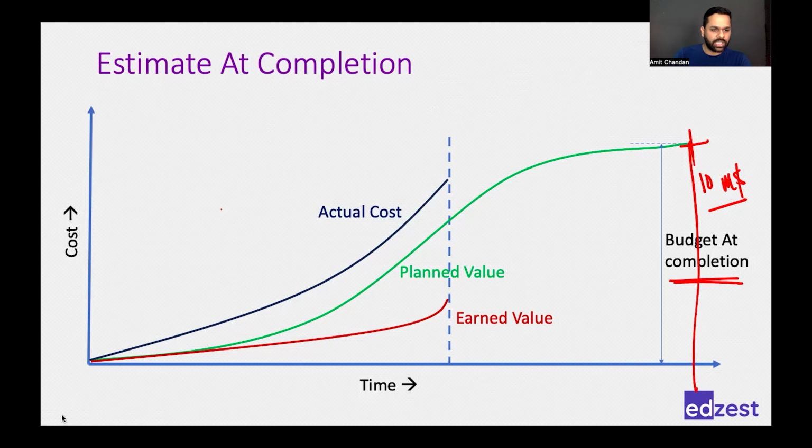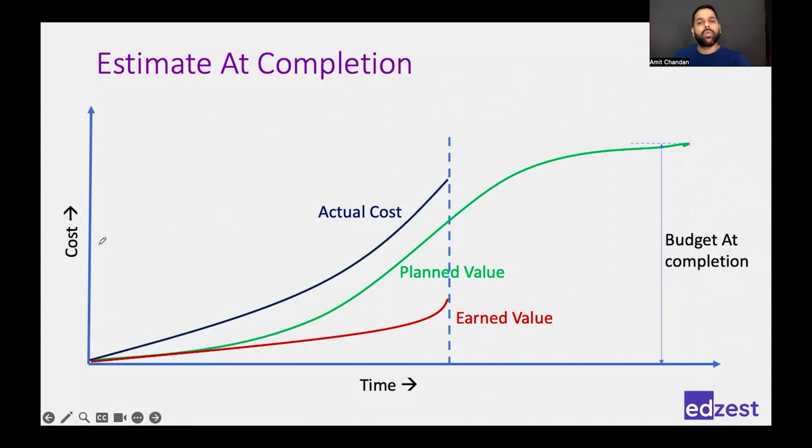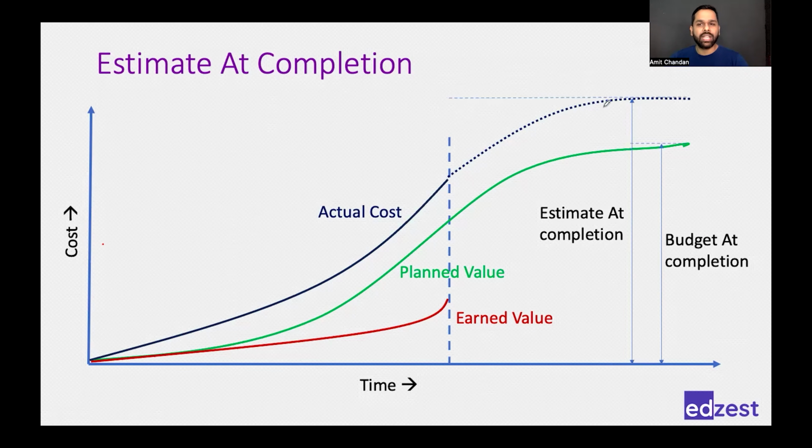Right? So that is your initial budget. What is your revised budget? Based on your actual cost, right? You may spend more, you may spend less. Whatever you see at the end, this is your estimate at completion. This is the total value you need at completion of the project.